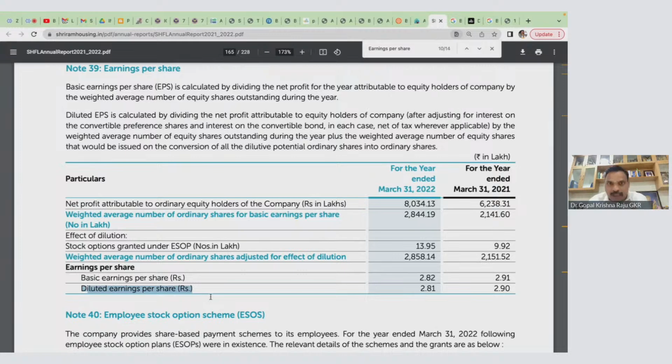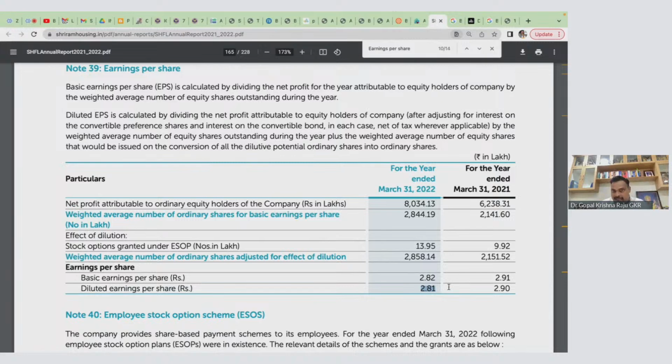So normally what will happen? Numerator by denominator, you have 2.82. In diluted EPS, you add to your denominator, so the denominator goes up. Once the denominator goes up, your earnings per share will come down. But should diluted earnings per share necessarily be lesser than basic earnings per share?